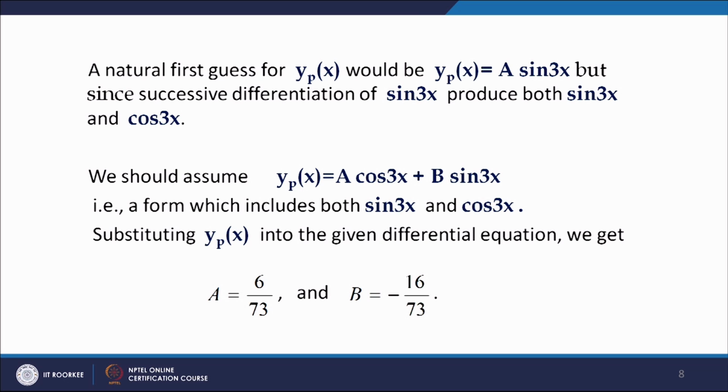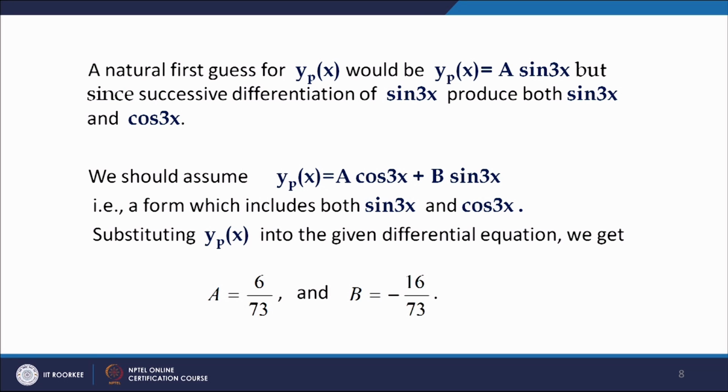So, differentiation of sin 3x produces both sin 3x and cos 3x, and therefore, we should assume y_p(x) to be a linear combination of sin 3x and cos 3x functions, that is a cos 3x + b sin 3x.